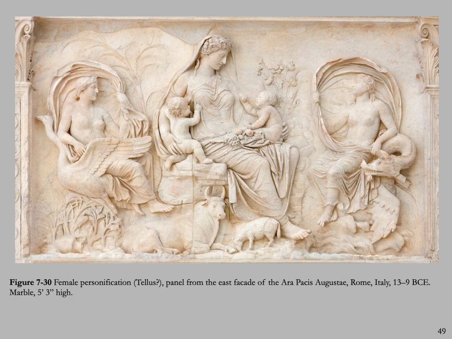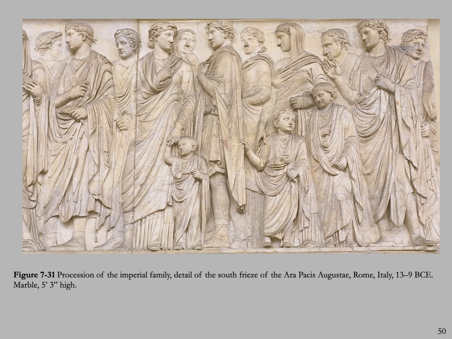Below her are images of grain and livestock, something we're familiar with since ancient Sumer as symbols of prosperity. And on the north wall, we have a session of the Senate, and I don't have an image here, but as we see on the south wall, the opposite of the north wall, we have a procession of the imperial family.